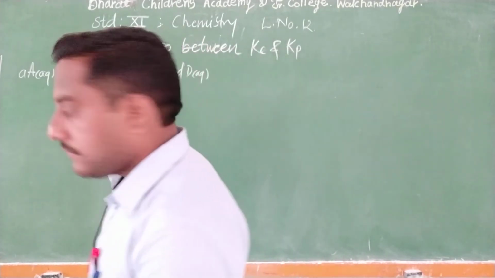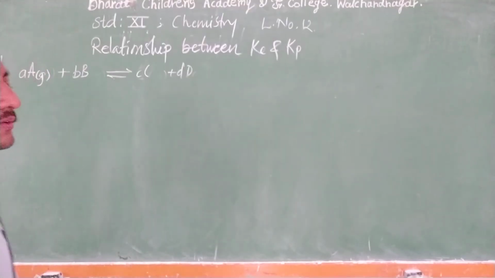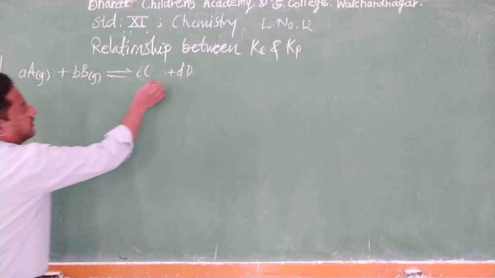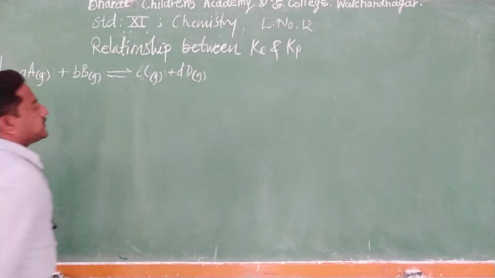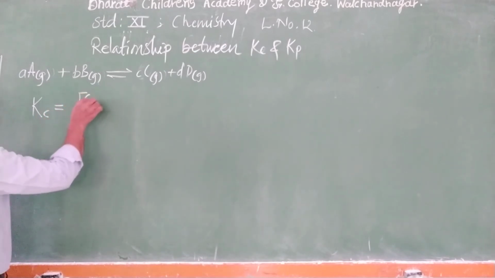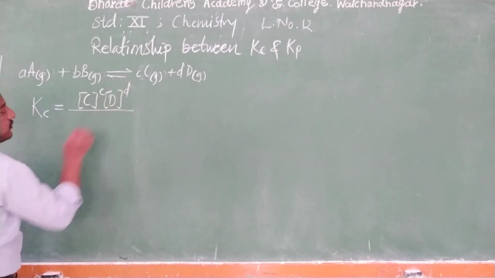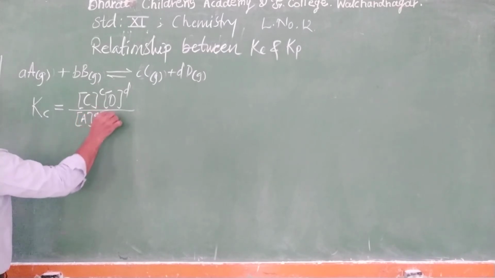Now, if the equation is in the aqueous state, then Kc for this equation will be C raised to c into D raised to d upon A raised to a into B raised to b.